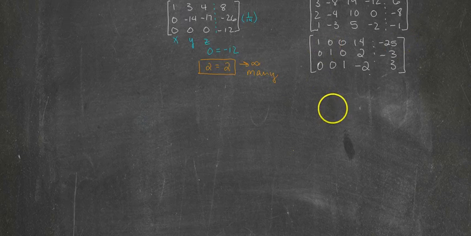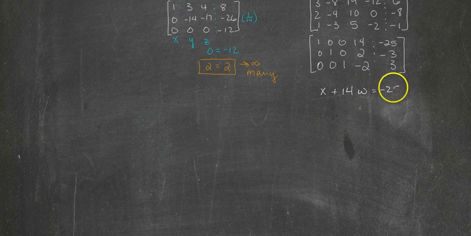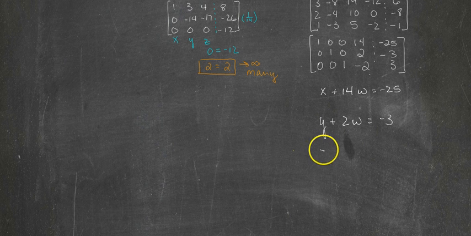If I put this back into an equation, I get that x plus 14w equals negative 25, y plus 2w equals negative 3, and z minus 2w equals 3.